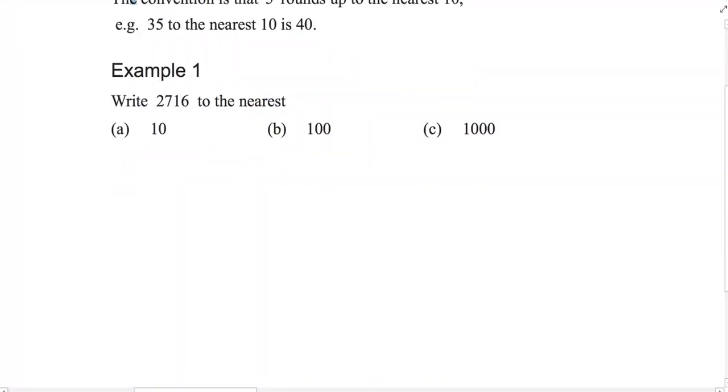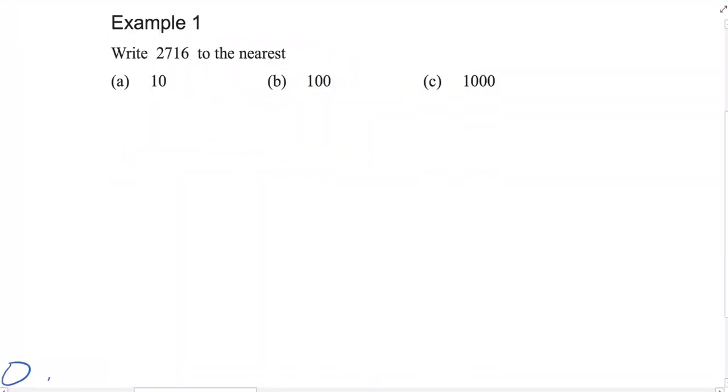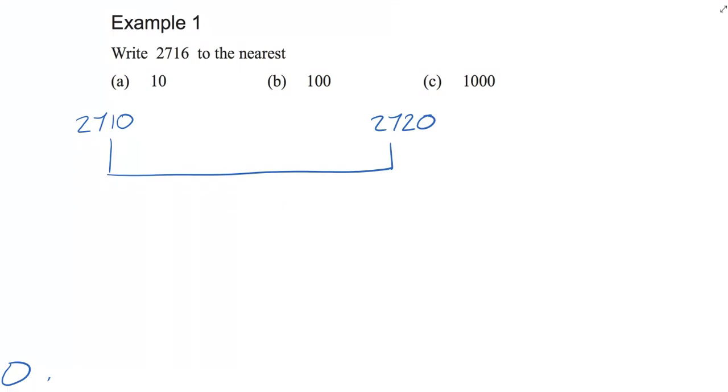Okay, so next example, let's take a look at this. We've got 2,716. So first of all, let's round it to the nearest 10. And we're going to do that by considering 2710 and 2720. I'm writing two numbers that are to the nearest 10, they don't have anything in the units column, and that fall between 2716.